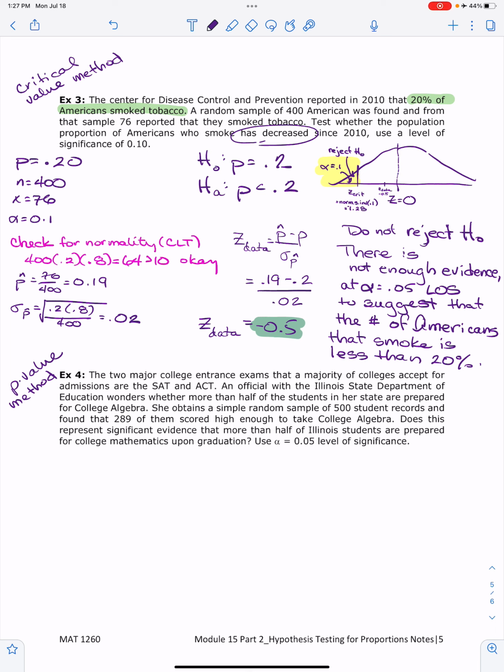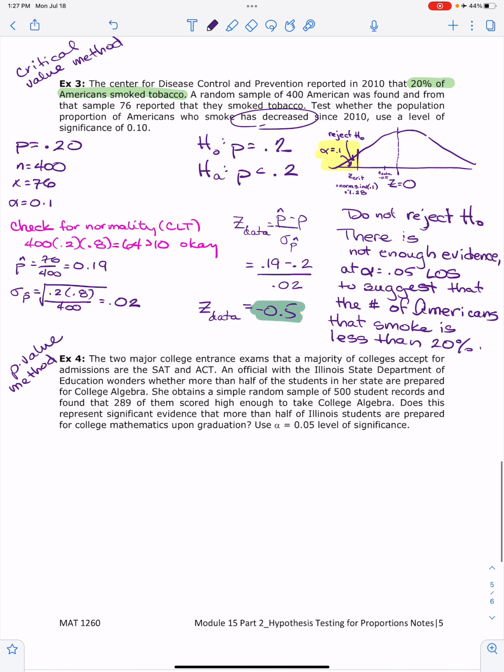So example 4, we're going to use the p-value method. We've got 2 major college entrance exams, the SAT and the ACT. An official with the Illinois State Department of Education wonders whether more than half of students in her state are prepared. So this one's interesting because you kind of have to search for how we're comparing these. More than half.